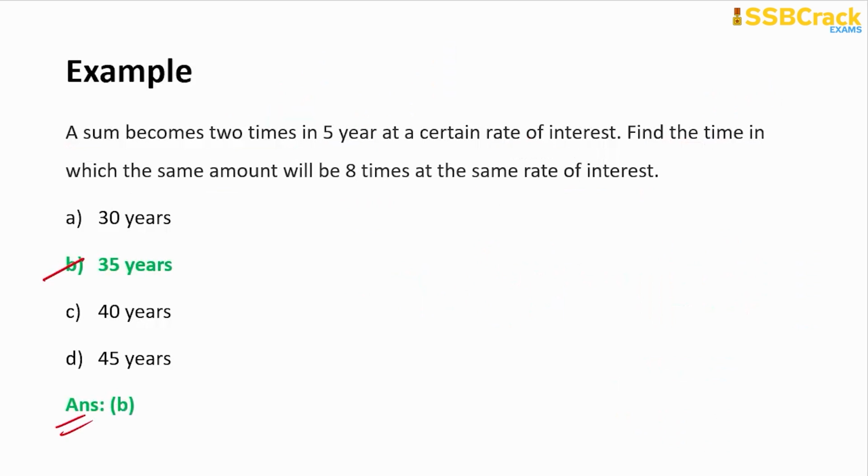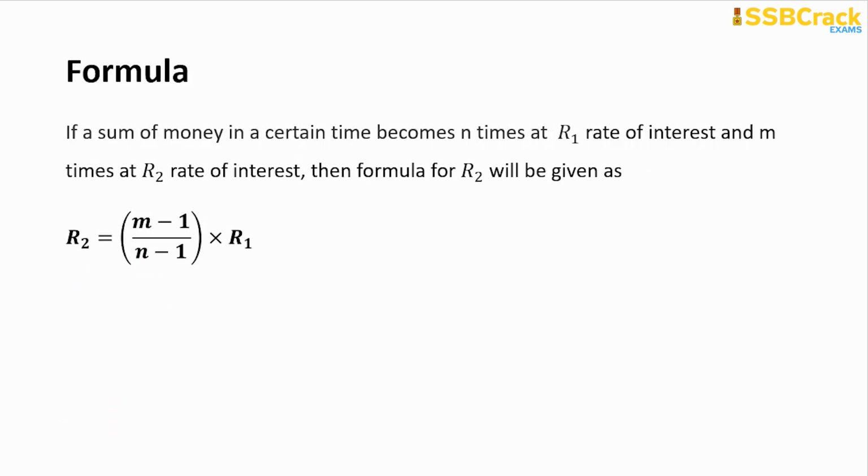Alright, coming to the next formula. Let me tell you, it's almost the same, but understand this formula is applicable to relate the two rates of interest when the interest was calculated for a certain length of time. That is the simple interest we are talking about. So when a sum of money in a certain time becomes n times at R1 rate of interest and m times at R2 rate of interest, then the formula for R2 will be.